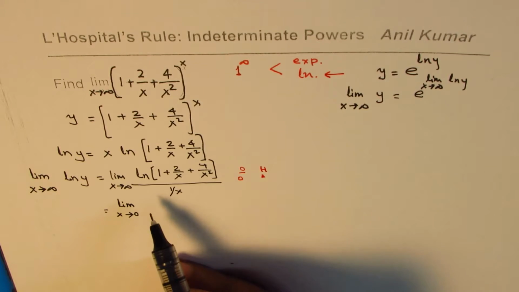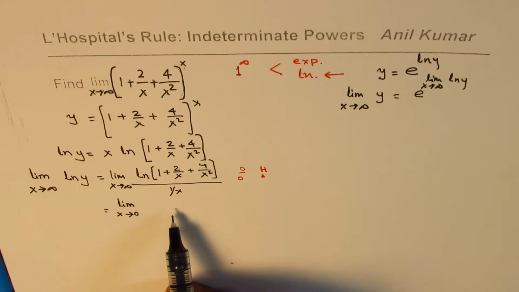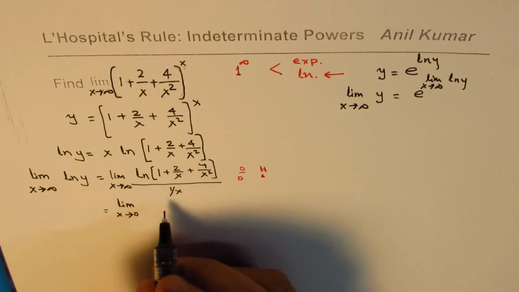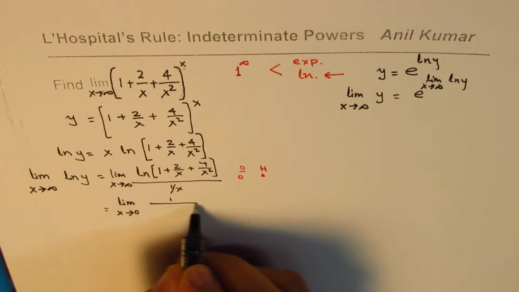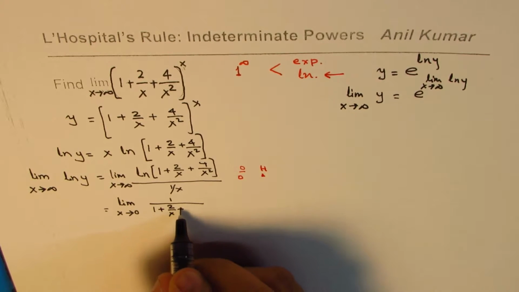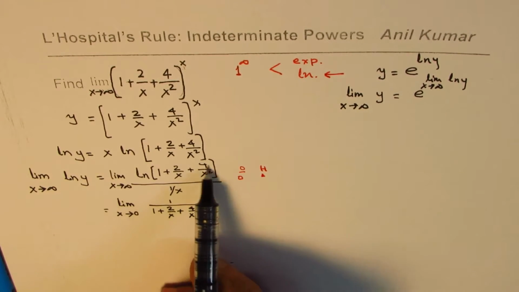I'm saving a step, not writing the derivative of numerator and derivative of denominator, but I'll straight away write down their derivatives. The derivative of this function is 1 over 1 plus 2 over x plus 4 over x squared, times the derivative of this function.